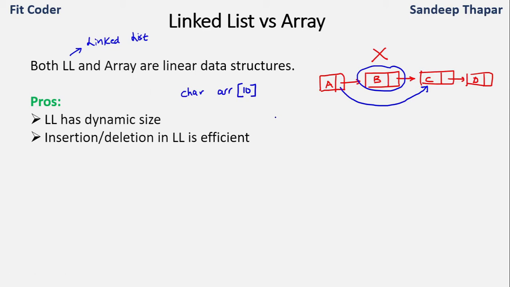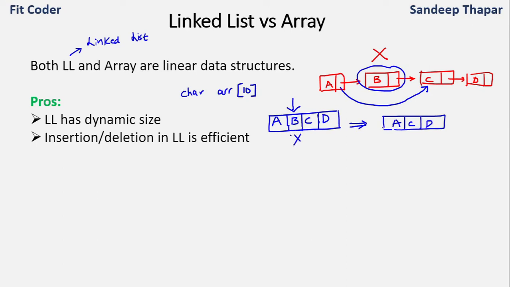But in case of an array, let's say the array was this. Now if we have to delete the element B, we need to shift all the elements one step before. So B will be deleted, but C and D will need to be shifted back. If the array size is very large, then this operation is very inefficient.